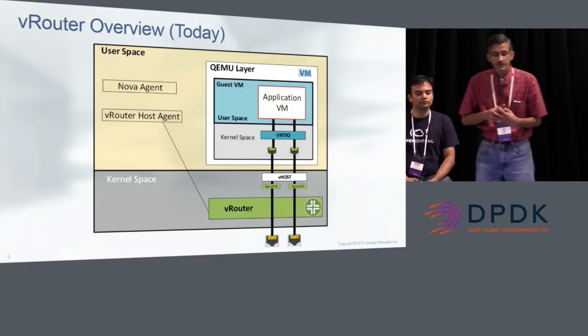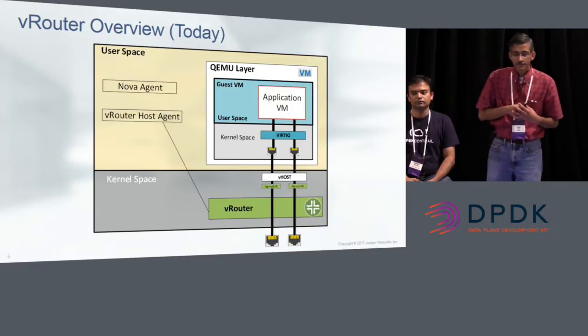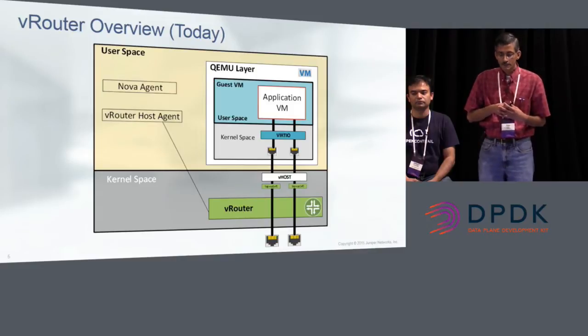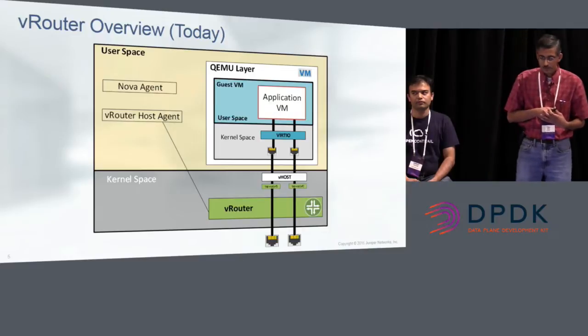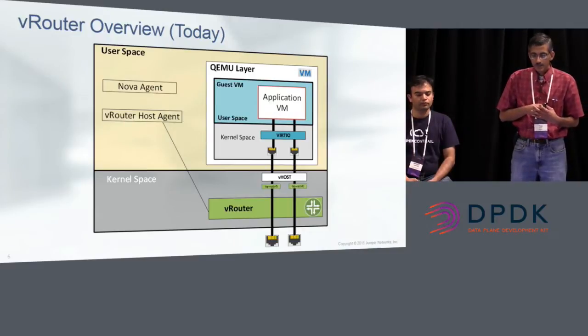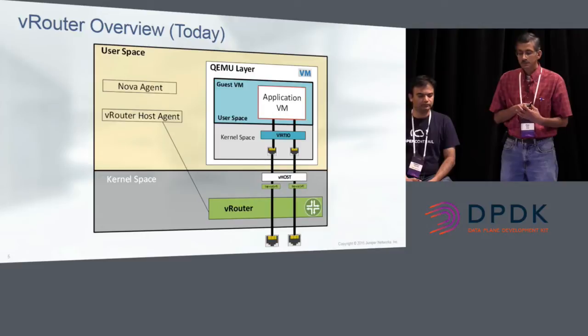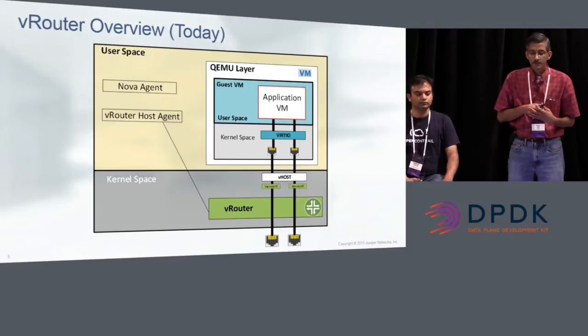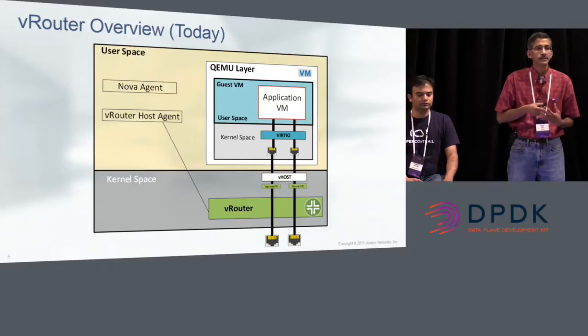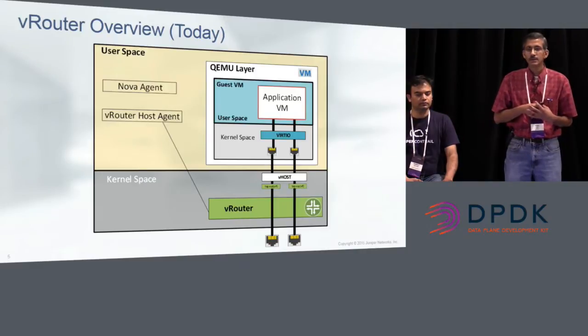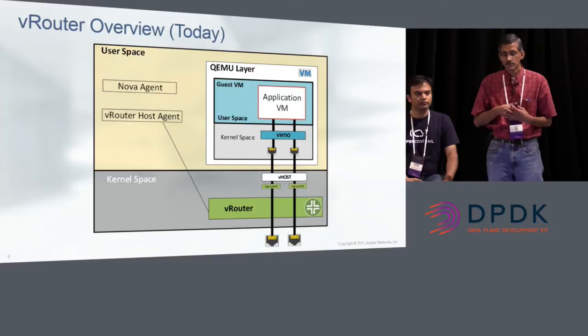So this picture here has the vRouter implementation in kernel. As you can see, inside the kernel, there is a vRouter module, and it interfaces with a user space agent. And this agent is responsible for programming the vRouter with whatever is needed to forward packets, things like interfaces, routes, next hops, flows.